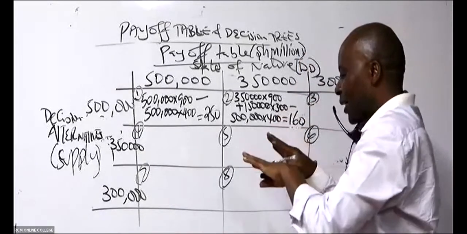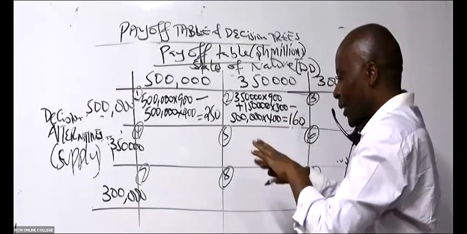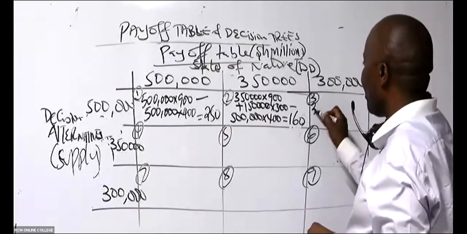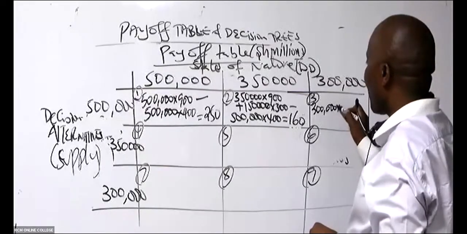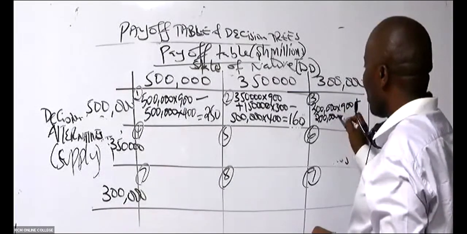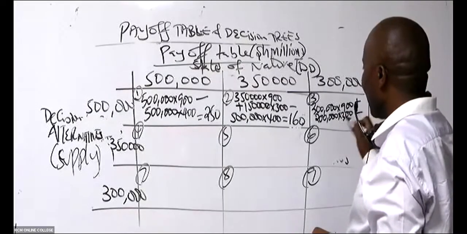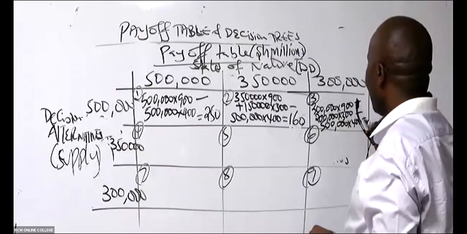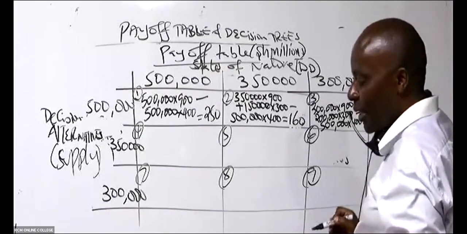So you compare demand and supply. The lower one is the effective one, is what will be sold. So in this case here, we sell 300 at the normal price of 900. But remember, these are the 200,000 which are perishing at 300 minus 500,000 times 400. This is what they did for them to get 130.